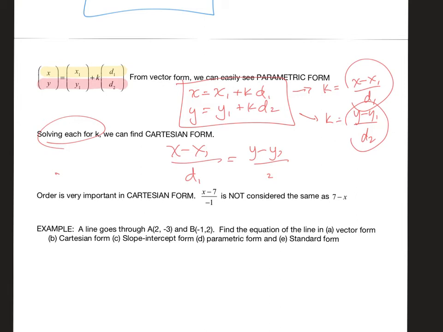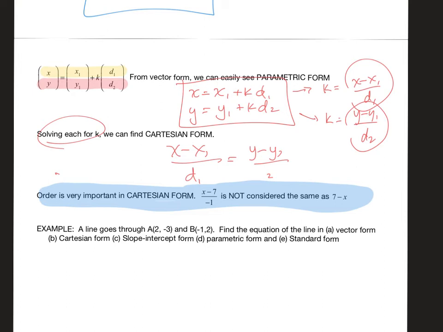All right, now this part, I'm going to highlight this. I'm probably going to put a big old star around it. This is so unbelievably important. You will be given some equations that you're going to think are in Cartesian form, but the order really matters.